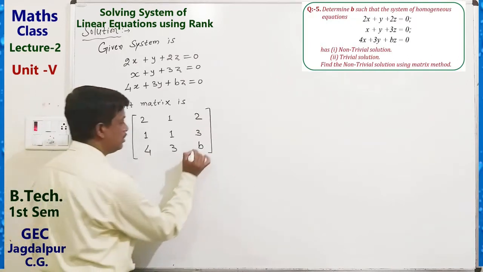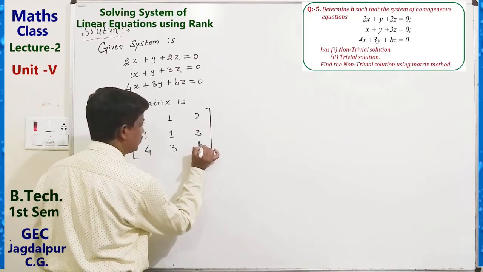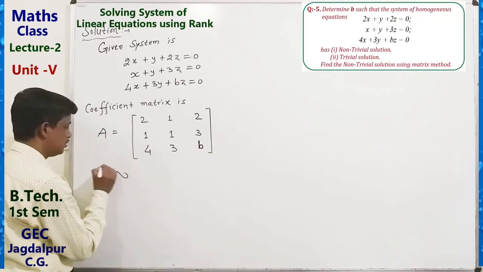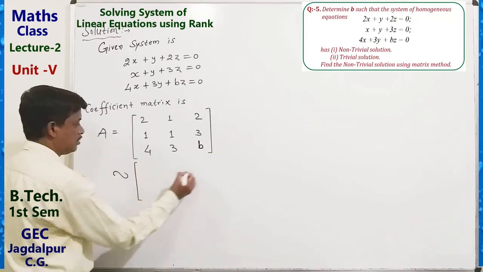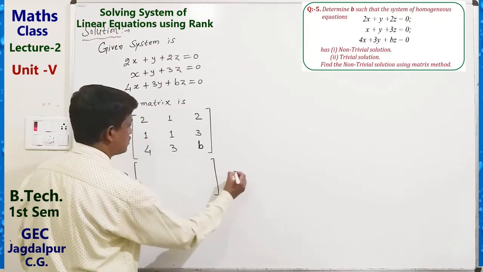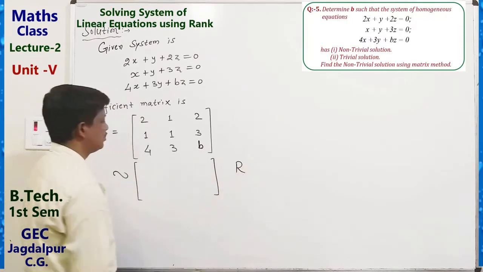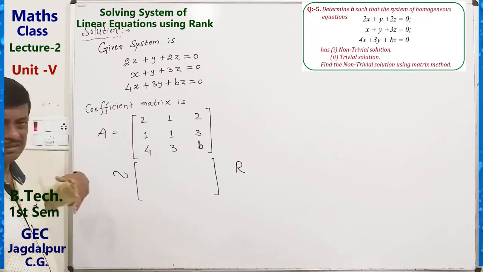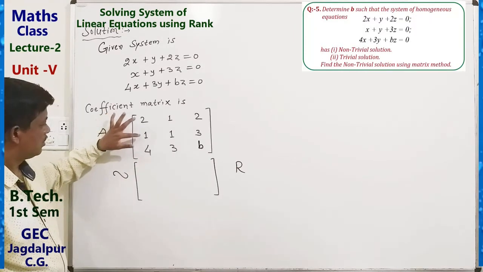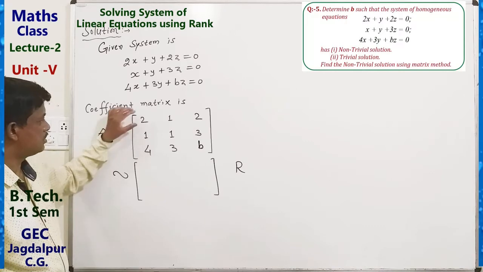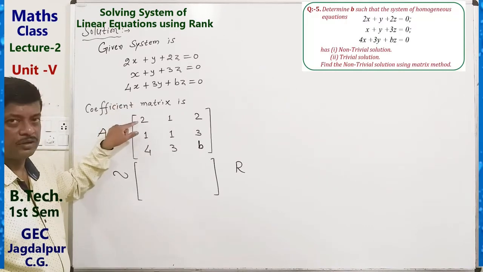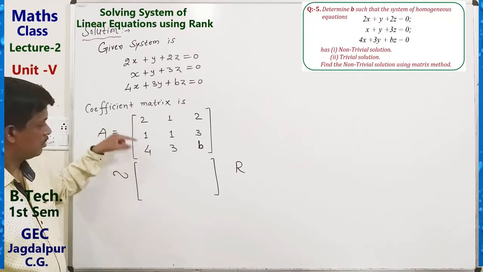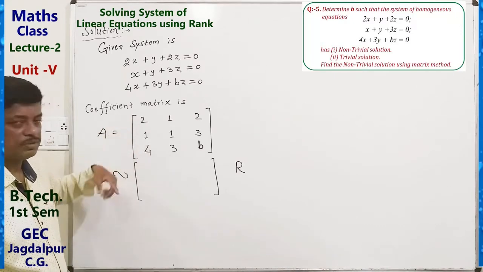We have to find the value of b for which the system will have non-trivial solution. So here, for finding upper triangular matrix, just apply the operation. What first? Just we can interchange, because if here we can convert 1, then by 1 we can convert the lower elements to 0.